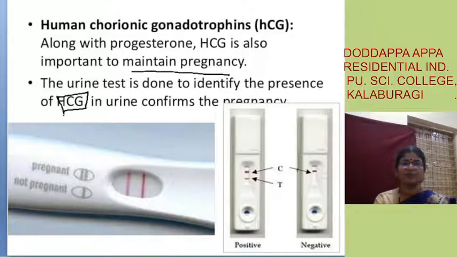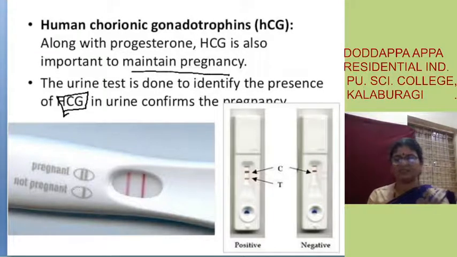Usually in our mind it will be there that we check the progesterone level, but the level of the gonadotropin hormone is checked by this. If two lines occur prominently, it indicates positive for pregnancy. If only one line occurs on this pregnancy kit, then there is no pregnancy. It can be done personally also.